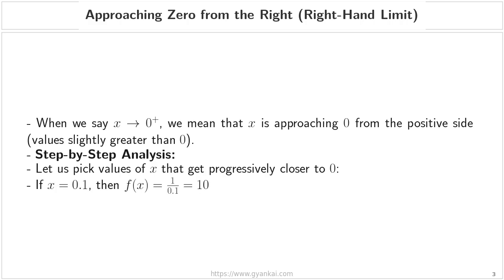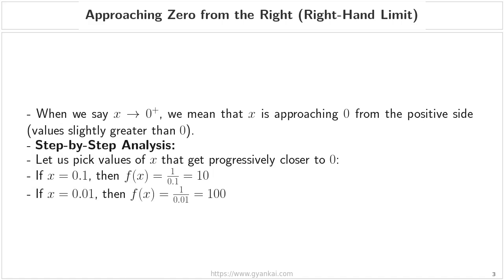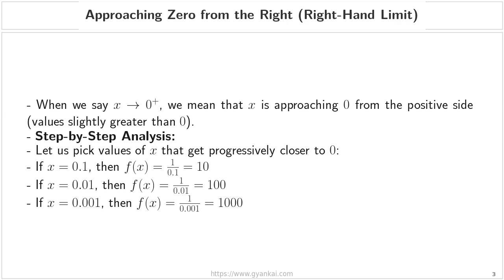First, if we let x equal 0.1, then the function 1 over x equals 10. If we move even closer and let x equal 0.01, the value of the function increases to 100. And if we go even further, letting x equal 0.001, the result becomes 1000.